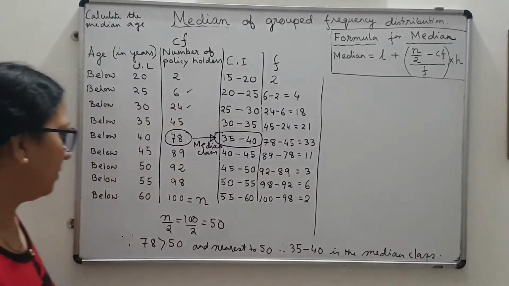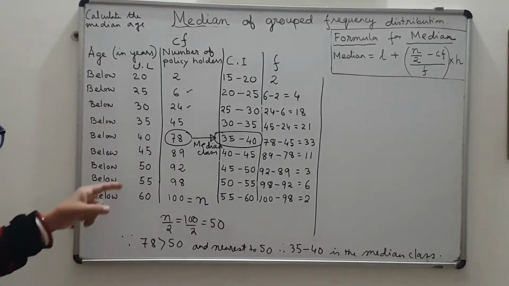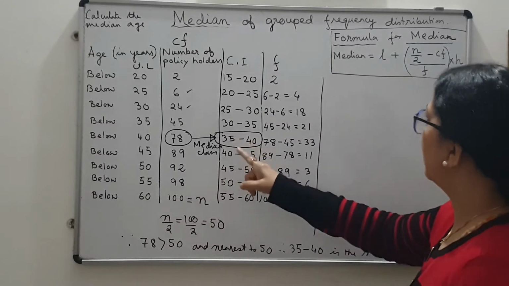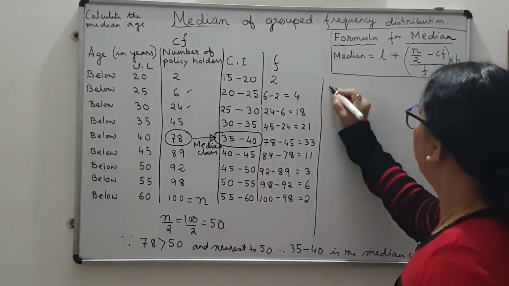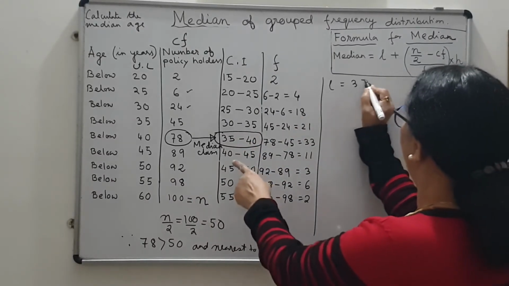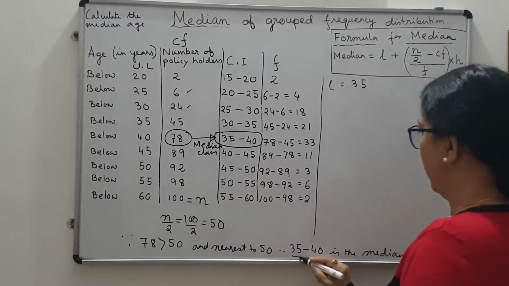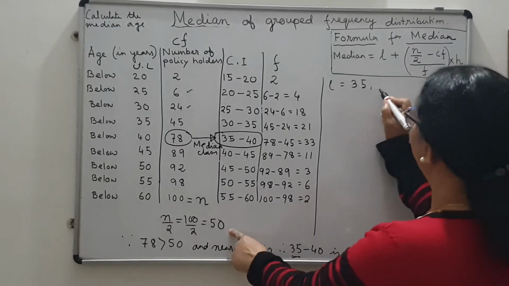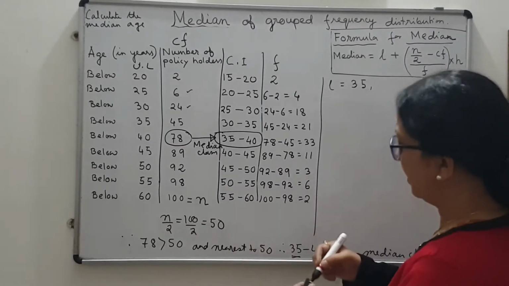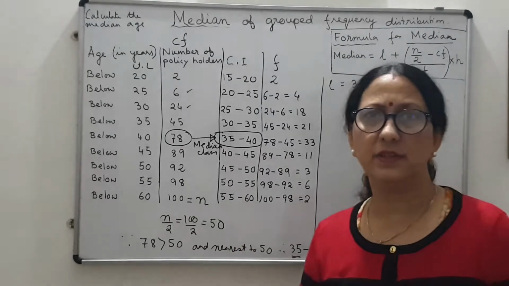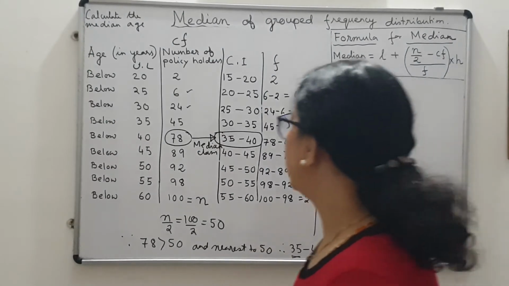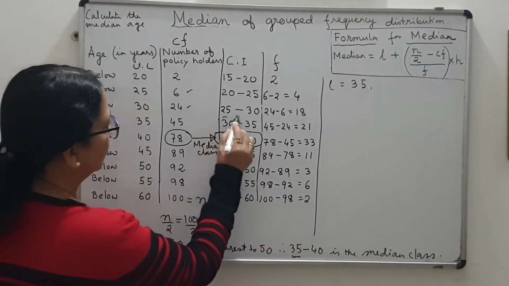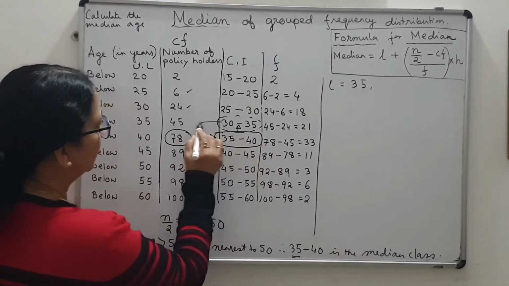In this way, locate the median class. Okay, next. If this is the median class, what will be L? L will be your 35, the lower limit of the median class. N by 2 is 50, already there. And what will be CF? CF is the cumulative frequency of the class preceding the median class. So this class is preceding the median class, and the CF of this is this one.